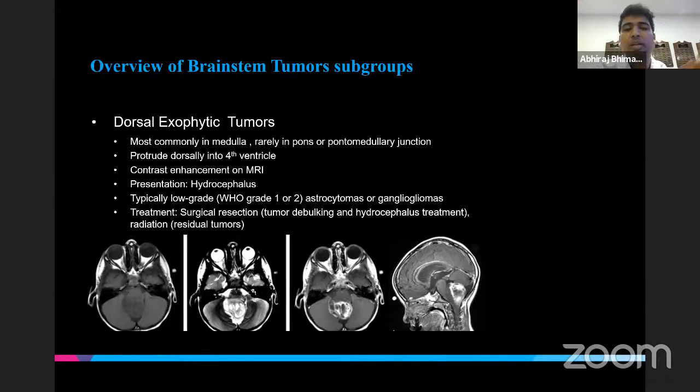But it can sometimes be challenging to resect the more anterior aspect of the tumor due to the proximity to the brainstem, so gross total resection is a lot of the time not possible. And so radiation is also used as an adjuvant for residual tumors after surgery.